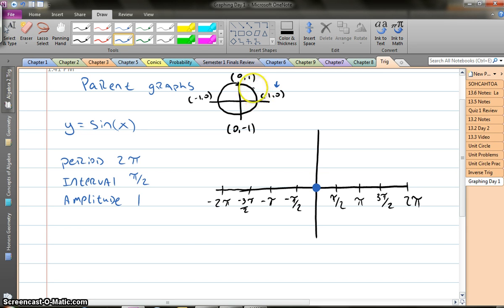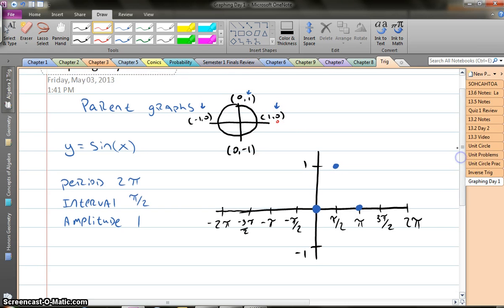Now, as you go pi over 2 radians, as you go to the top, my sine value is now 1. So, let's call this 1 and this negative 1. As we go here, my sine value goes to 1. Now, as I go along this curve, my sine value goes back to 0 at 1 pi, because this is 0, and pi over 2 is up here.